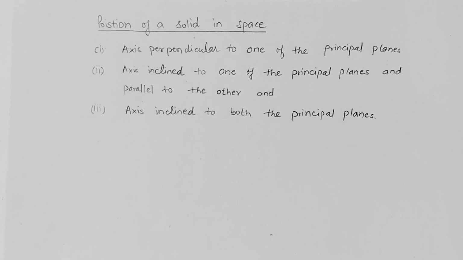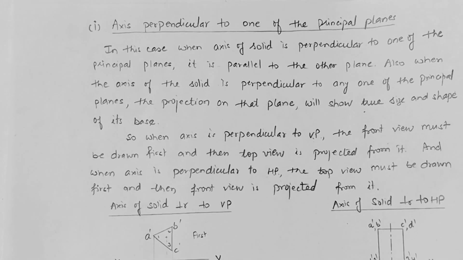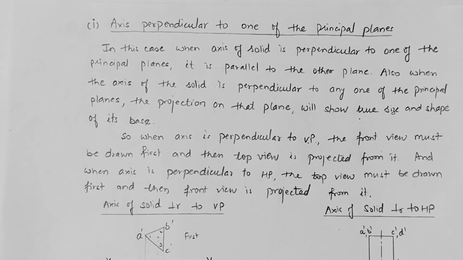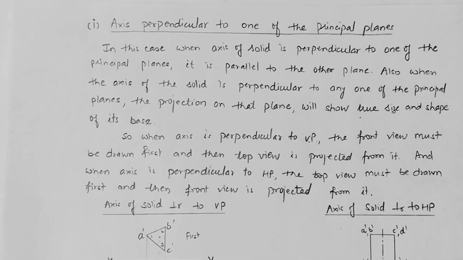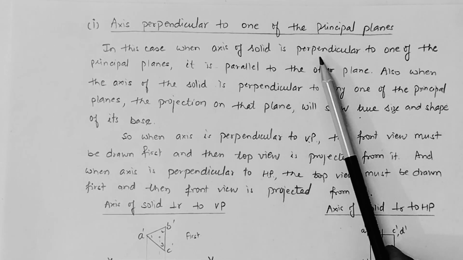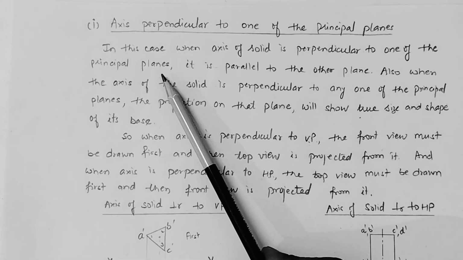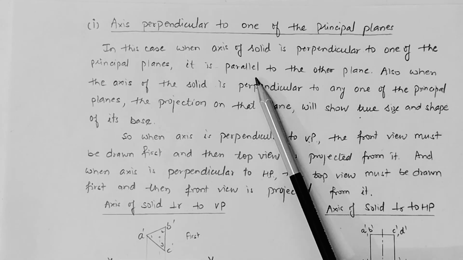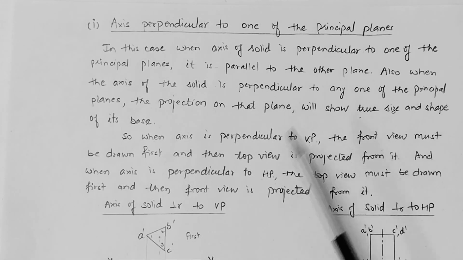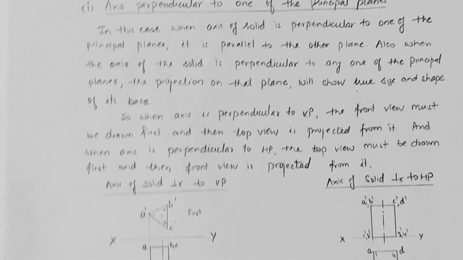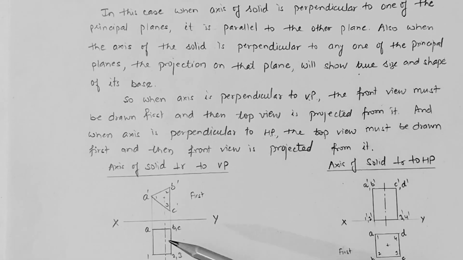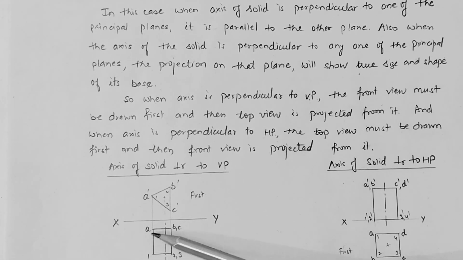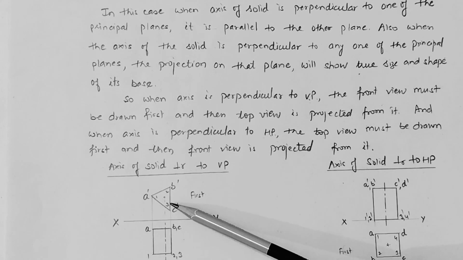Let us discuss the very first, that is axis perpendicular to one of the principal planes. In this condition, the axis is perpendicular to one of the principal planes and parallel to the other plane. You can see in this diagram, the axis of this solid is perpendicular to the vertical plane.